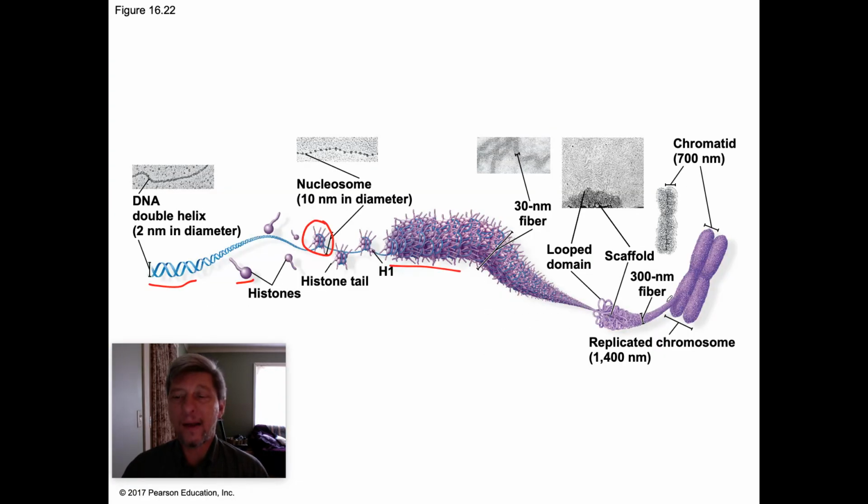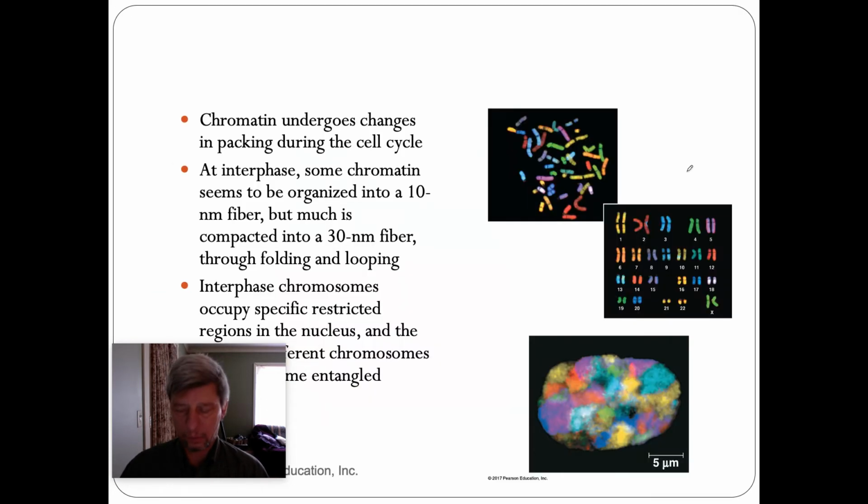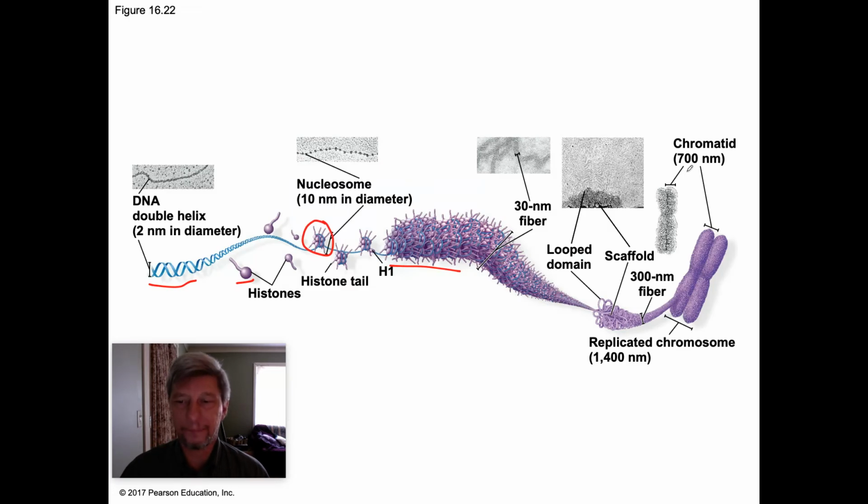And then that is packaged into a chromatid, which you can see here. All right. So that is the deal. That's what the structure of the chromosome actually looks like.